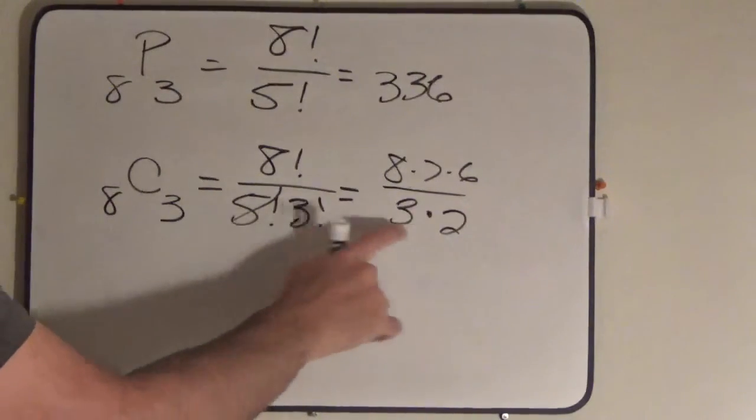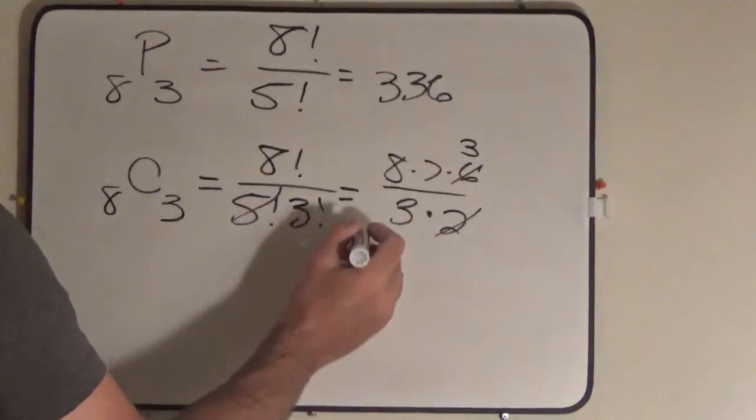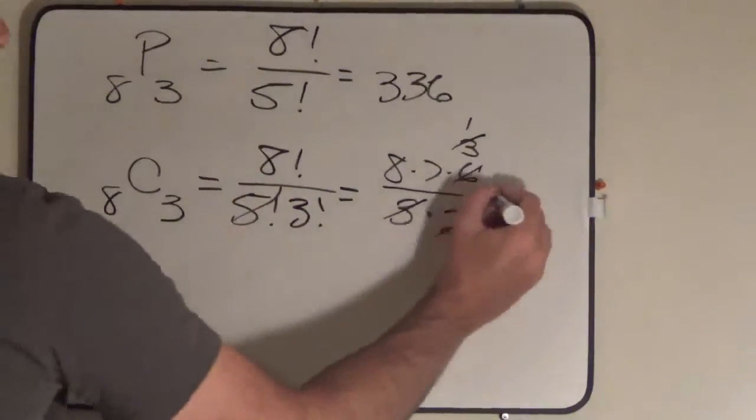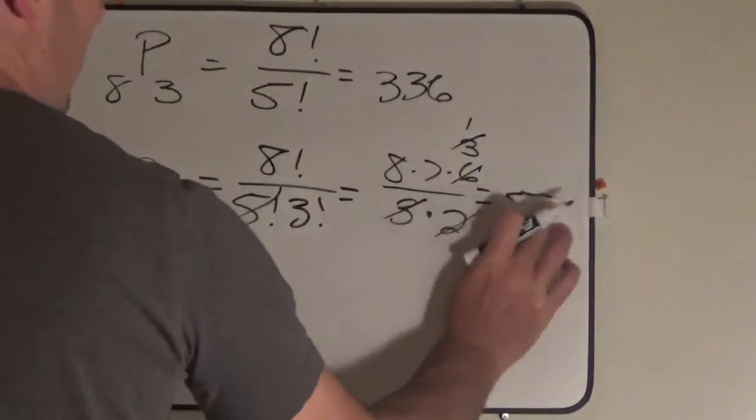Because 3 factorial is 3 times 2. 2 reduces 6 down to 3, and 3 can reduce 3 down to 1, so really I'm doing 8 times 7, which is 56 ways.